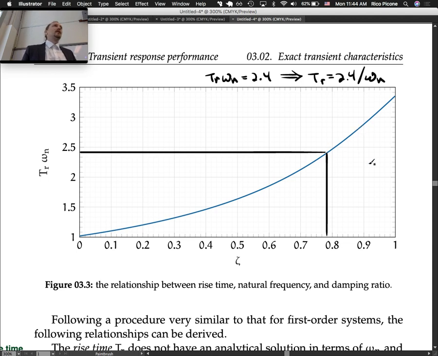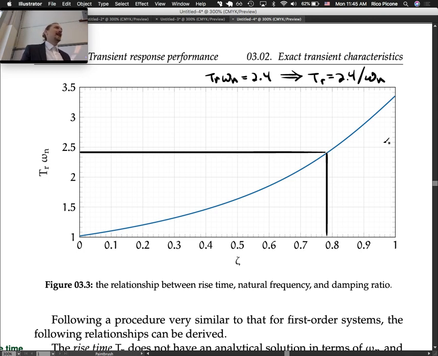Okay? Does the chart make sense? Notice that just qualitatively, the rise time increases as you increase your zeta. So as you damp more and more, the rise time is longer and longer. It takes longer and longer for that thing to rise if you increase damping, which is very intuitive, right?